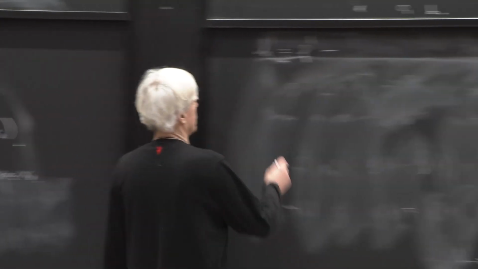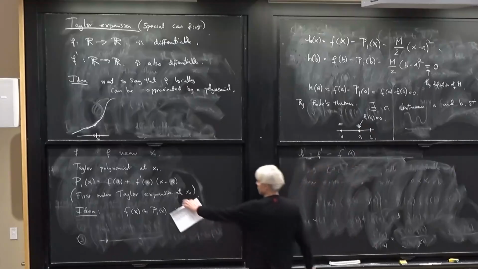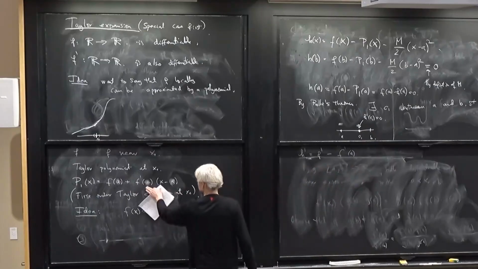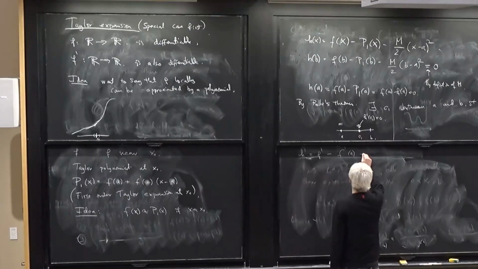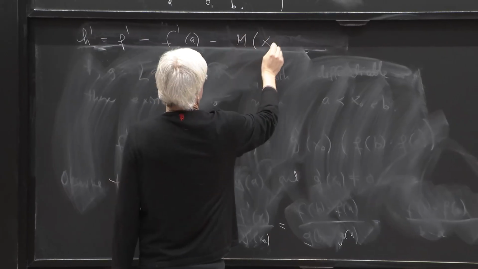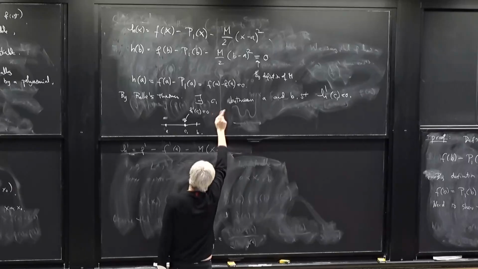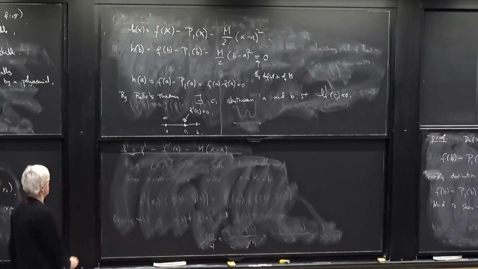You're getting f prime of a, right? This is all it gives you when you take the derivative of this here. And then you're getting minus m times x minus a. That's when you take the derivative of the last term. Okay? So this is what you get, and this here is at x.